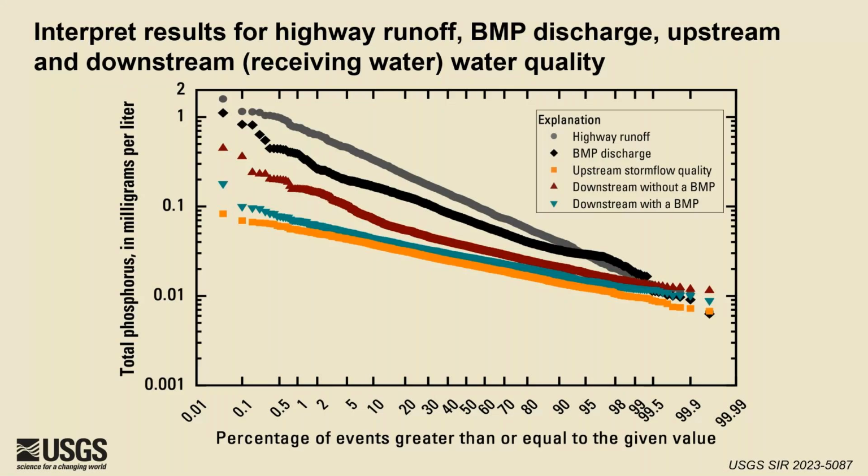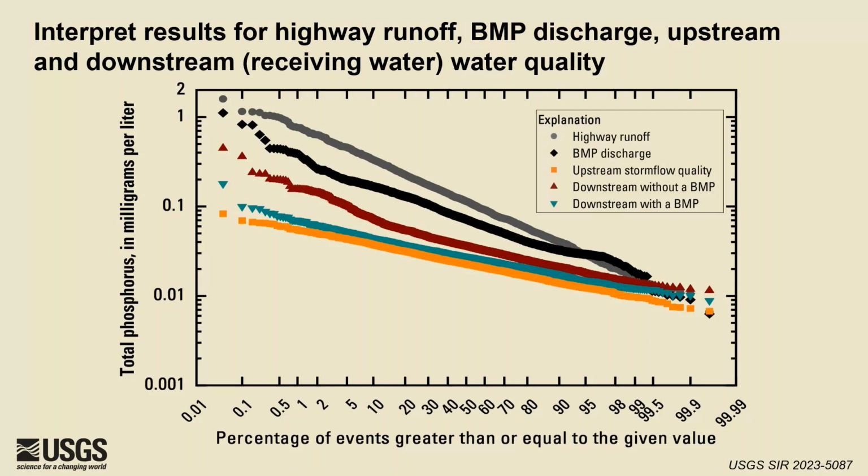So if we run those numbers in our simulation in SELDM, we can get results like this. So we can interpret these results from our simulation for total phosphorus. This is similar to the graph shown earlier in the presentation. We have the highway runoff and the BMP discharge, as well as the upstream storm flow quality, as well as the downstream receiving water concentrations with and without a BMP.